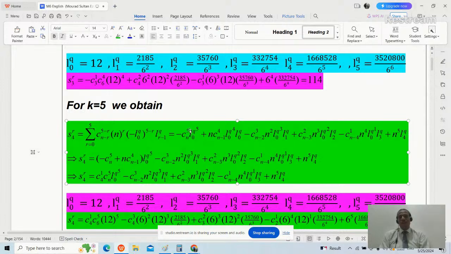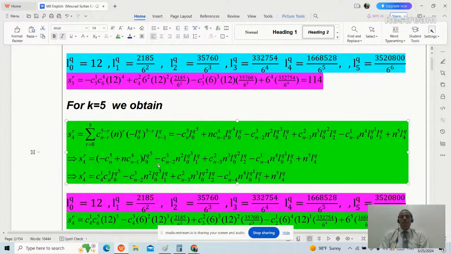After simplifying these two terms written in the beginning, you can see that L0 of the q is a common factor times negative combination n choose 5 plus n times combination n minus 1 choose 4. This term is written as combination 4 choose 1 times combination n choose 5 times L0 of the q raised to the power 5, the first term.